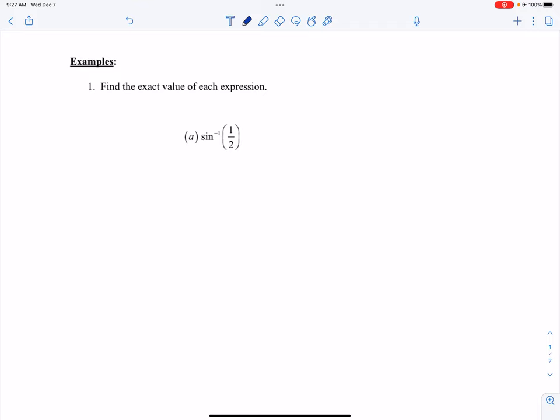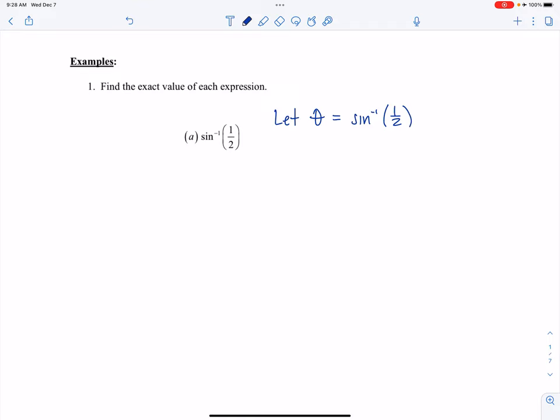So I'm going to let theta equal sine inverse of 1/2. Sine inverse is giving us a theta. So whatever this value is, it's our theta.